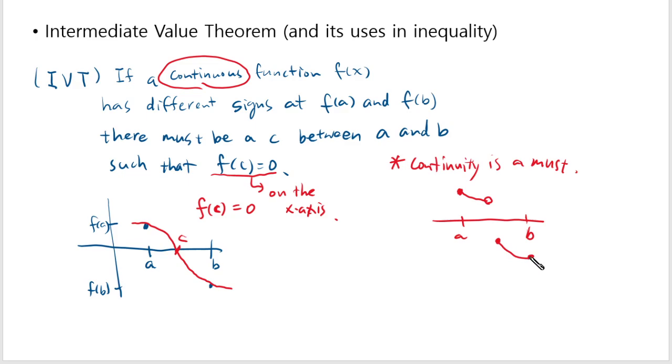Now you've satisfied that f of a is positive and f of b is negative, so they are different, but there is no point where the graph crosses the x-axis. So that's why continuity is really important.